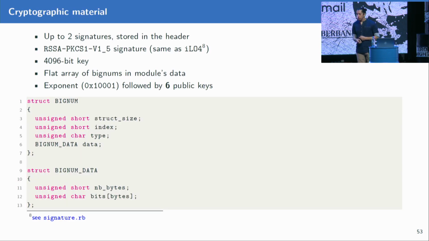So, how is the cryptographic integrity of the module verified, or the signature verified? As we saw before, up to 2 signatures can be used and stored in the header. The signature is a basic RSA one using a 4096-bit key. And at the end of Secure Microboot, we found a flat array of bignums, which actually contains the exponent that will be used, followed by 6 public keys.